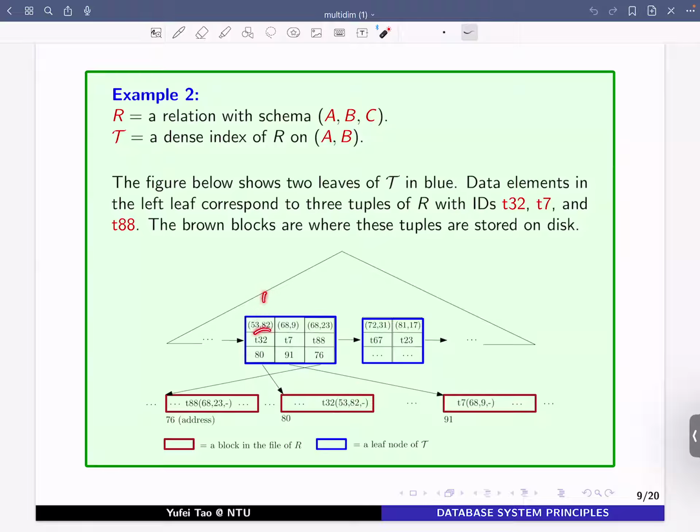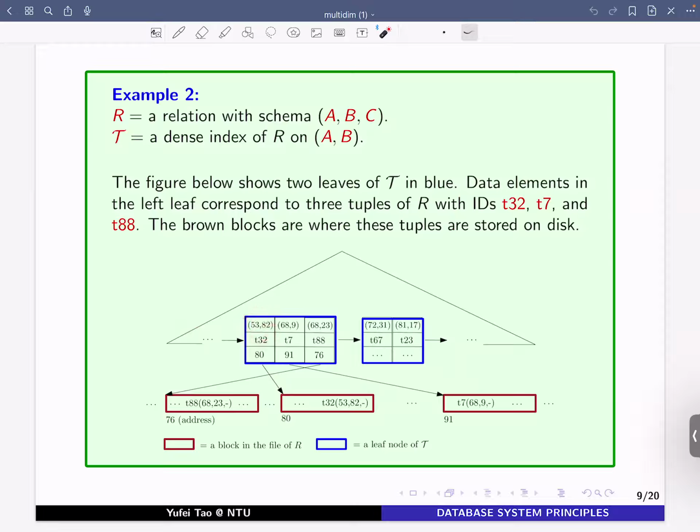And this leaf entry holds the tuple ID, and it also holds a pointer, and this 80 is the address of the block containing this tuple. Okay, so this is a dense index. On the other hand, if you look at the leaf level and go from left to right, what do you see? You see the data elements here, right?